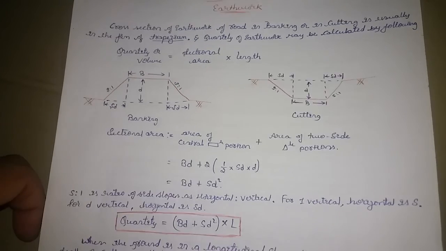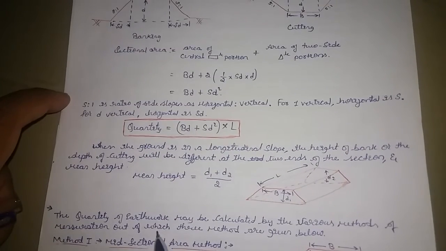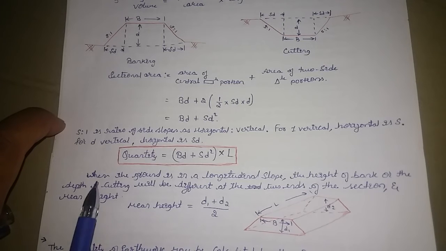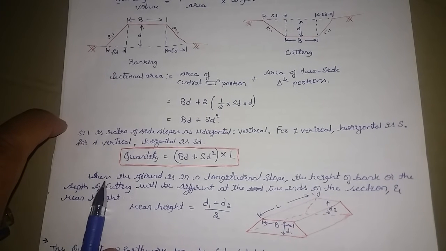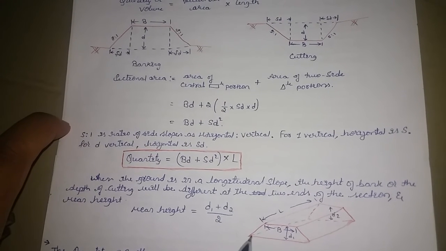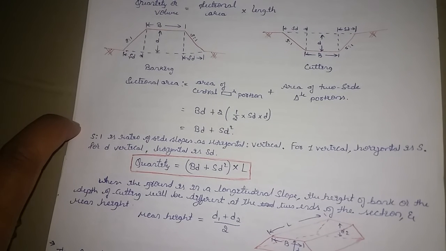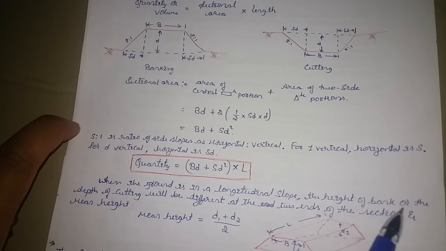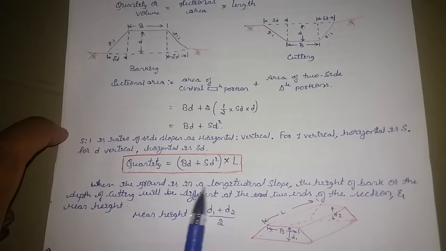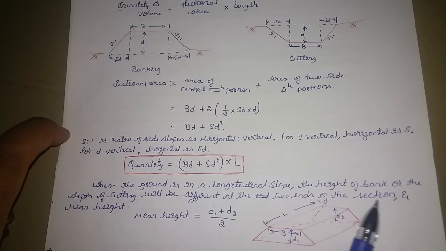Next condition, you can see in this figure on the screen, is when the ground has a longitudinal slope. The height of the bank or depth of the cutting will be different at the two ends of the section.